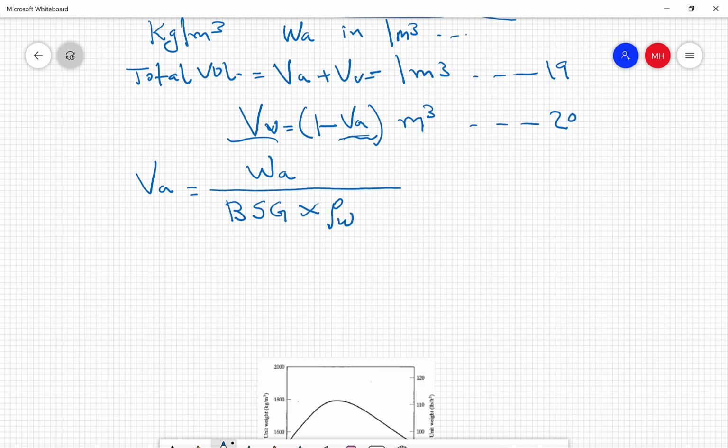This is just the general definition, and this is in cubic meter. And let's call this equation number 21. So this is density of water, and this is the bulk specific gravity in the dry state.